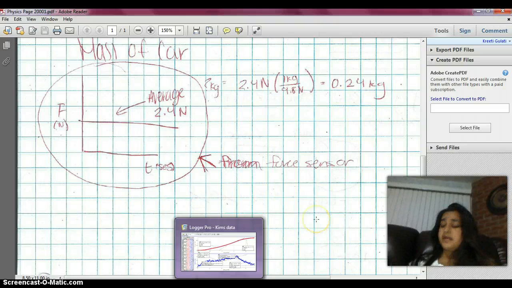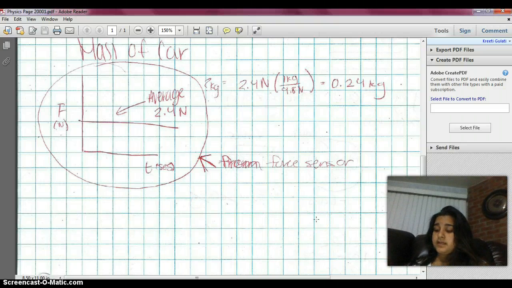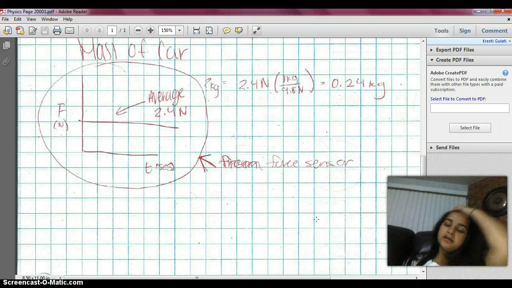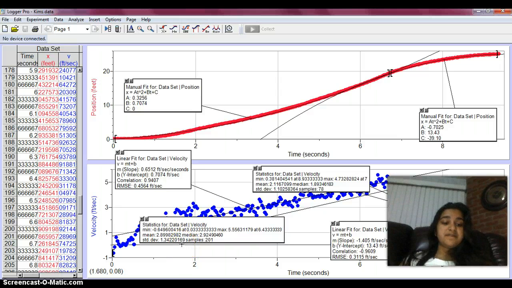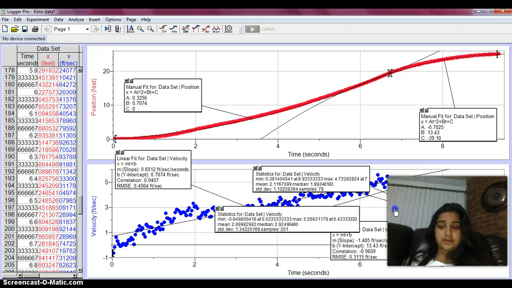And maximum velocity and kinetic energy, and I can explain this to you. So basically, if you look at the graph here, this is it speeding up and slowing down. So what we did was, as it goes up, which is not this one.